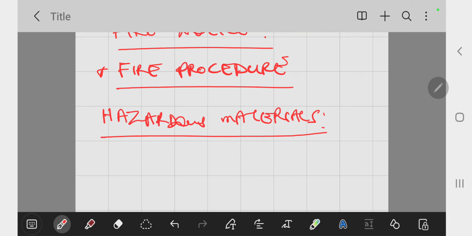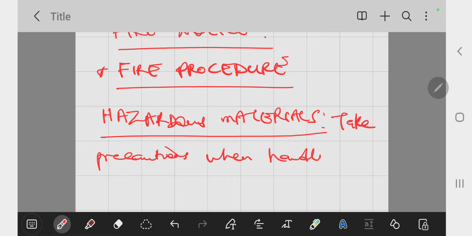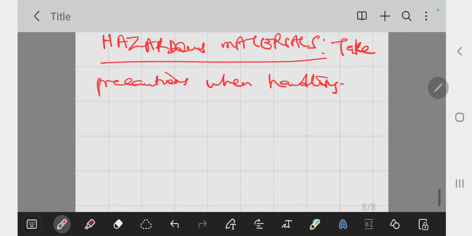You can have some harmful chemicals, some harmful gases and liquids and all that. So one thing you guys just need to keep in mind is you're supposed to take precautions when handling them. Now, aside from that, maybe we can try to look at some of the typical hazardous materials you can find in a workshop.